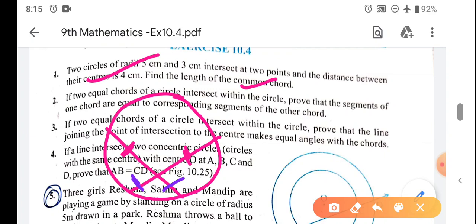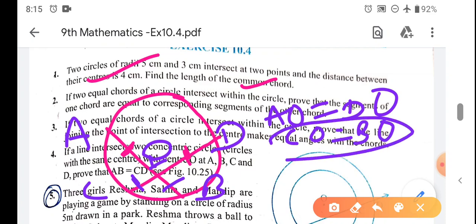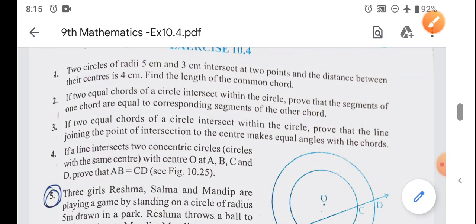You have to prove this. Suppose this is AB, this is CD, and this is O. Then OA is equal to DO and CO is equal to BO. Means the smaller part is equal to the smaller part and the bigger part is equal to the bigger part. You have to prove this.